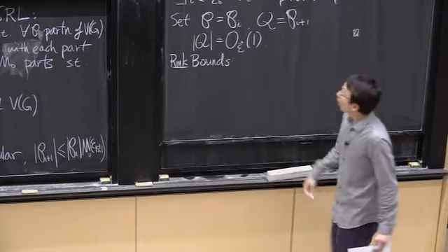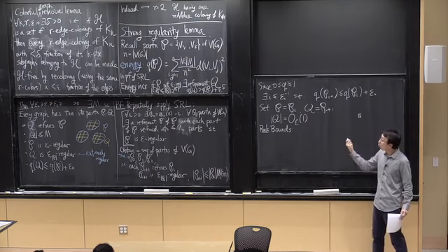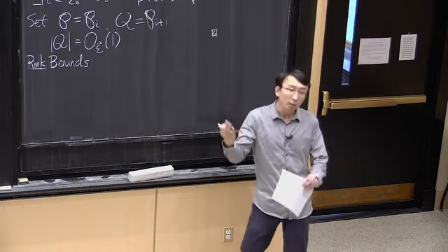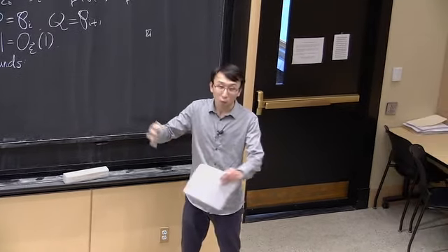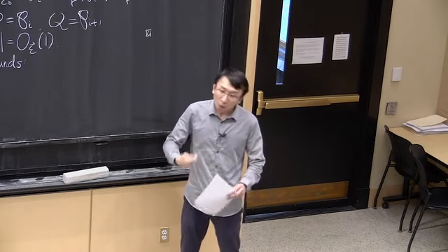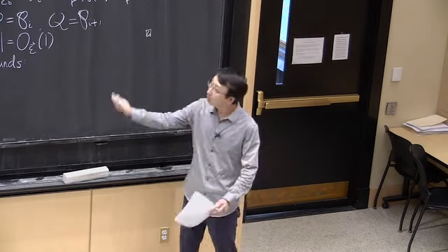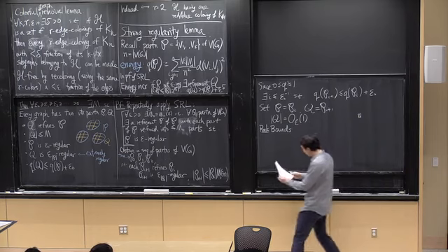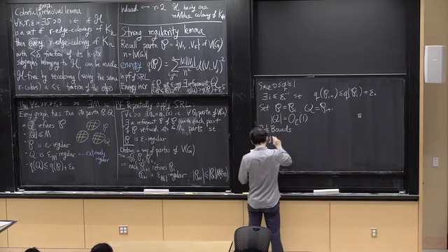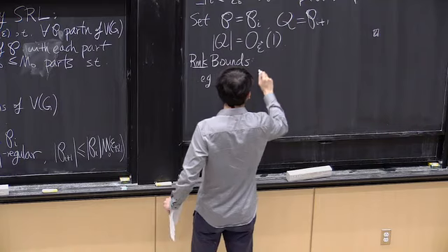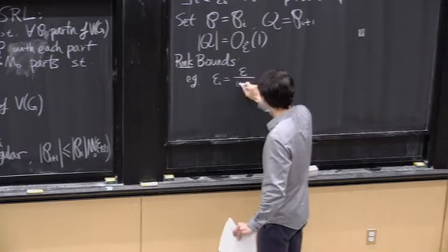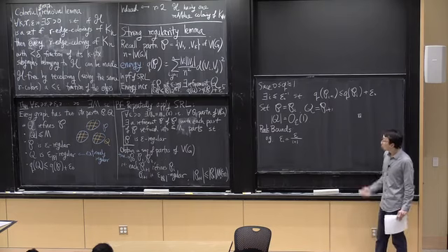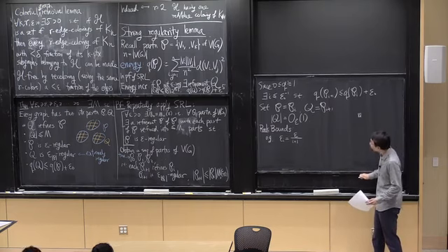Of course, the bounds depend on what epsilon i's you use. And typically, you want the epsilon i's to decrease with more parts that you have. And with almost all reasonable applications of this regularity lemma, the strong regularity lemma, so for example, with epsilon i being some epsilon divided by, let's say, i plus 1, or any polynomial of the i's, or you can even let it decay quicker than that as well.